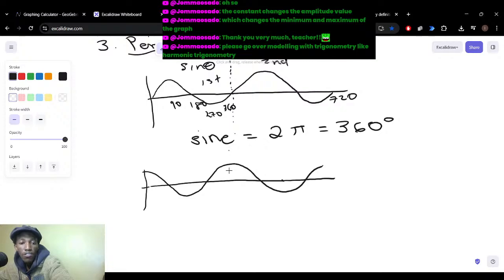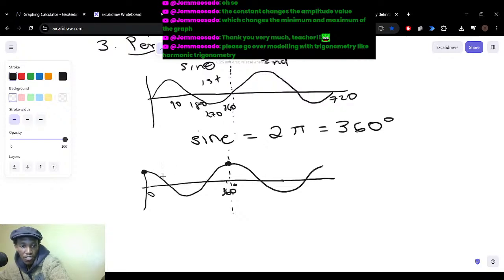I'm going to draw a dotted line here as well. 360 degrees. Right, let's look at the graphical cos. Graphical cos now, it reaches this point again after 360 degrees.